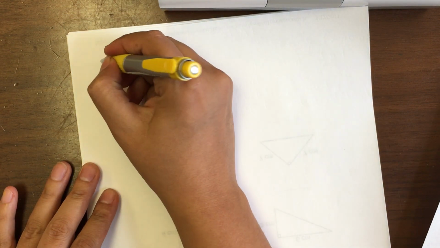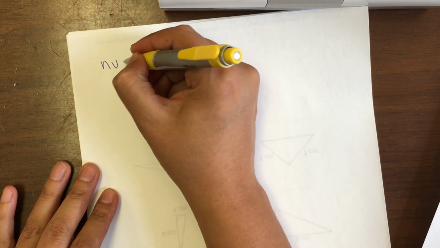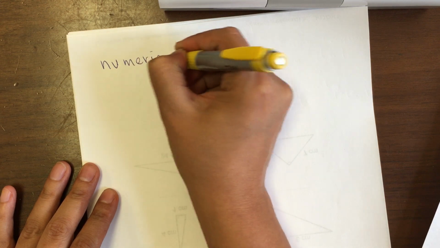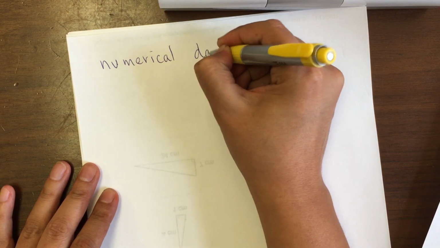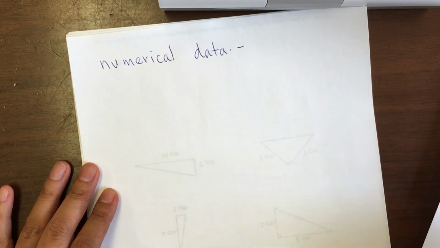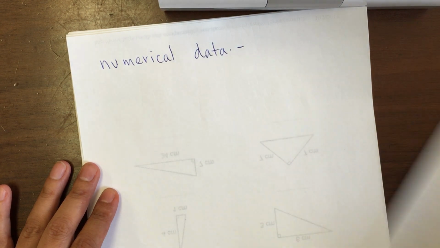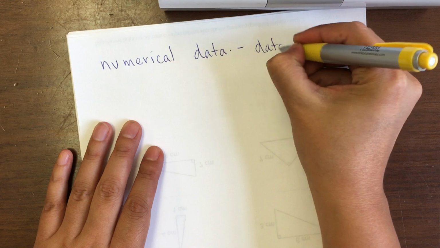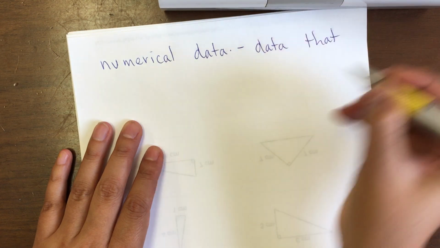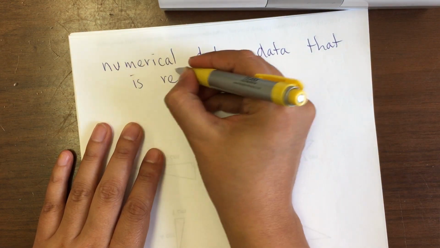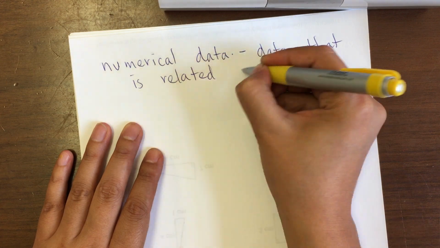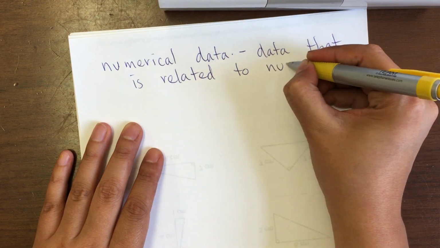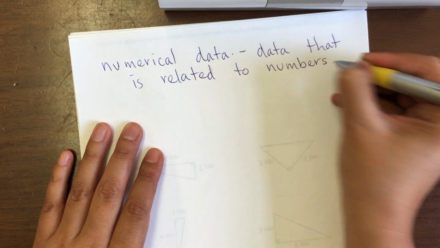And so we have been looking at numerical data in previous lessons, and this is data that is related to numbers.